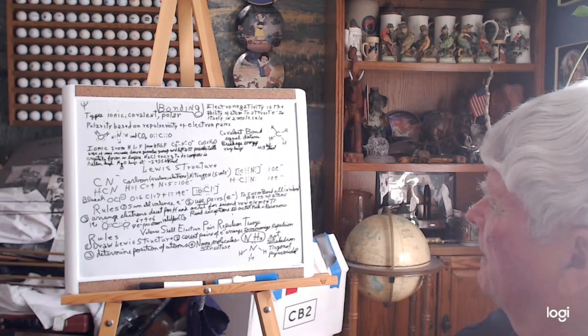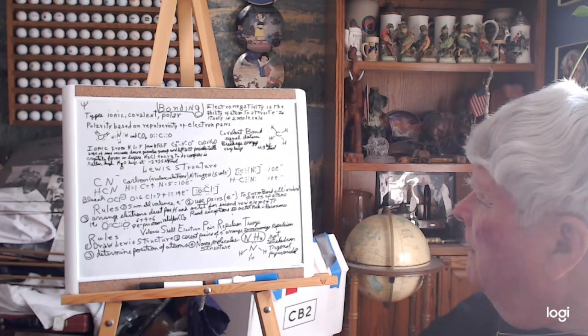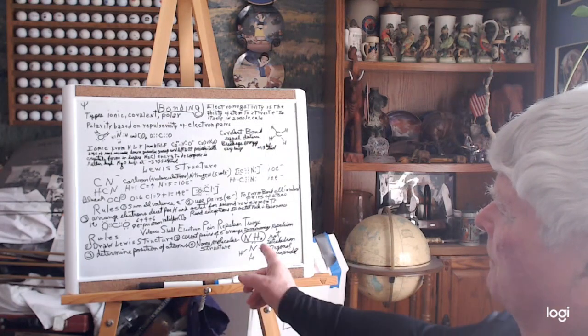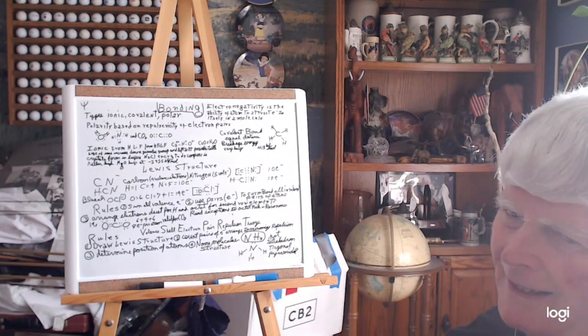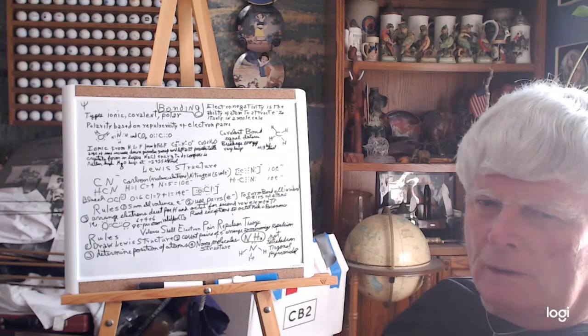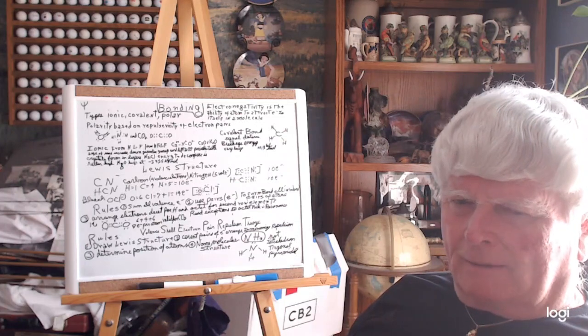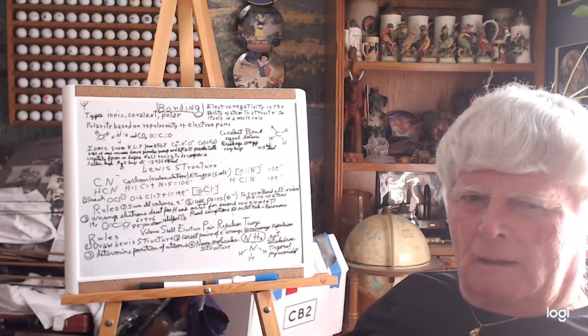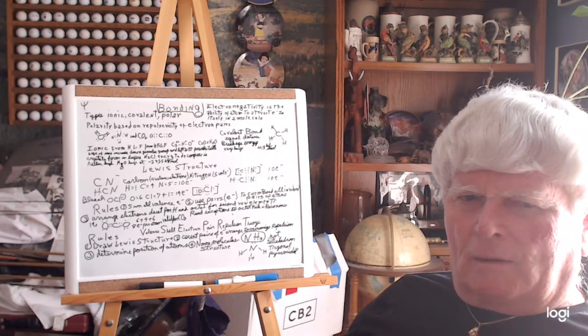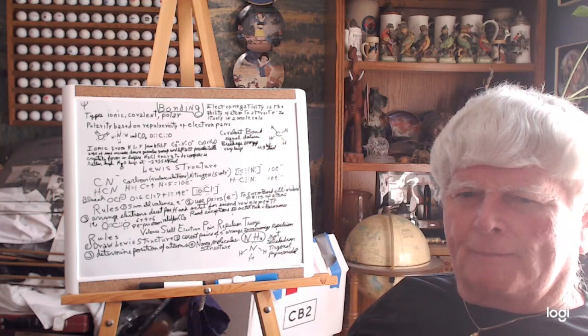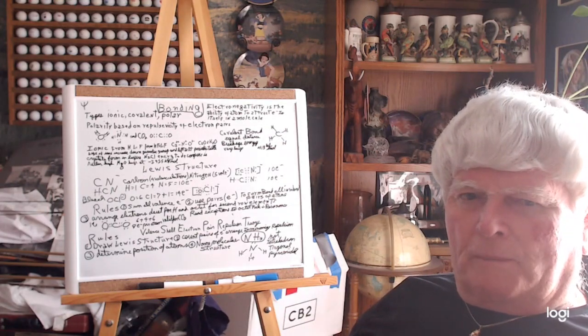You got ammonia, NH3. Now, typically, you would think of that as a tetrahedral structure. But because a lone pair is by itself and not an atom, you have to give it a different idea. The bottom of it becomes a triangle, and we call it a trigonal pyramidal because it comes to a point to the pyramid. So it's trigonal pyramidal.